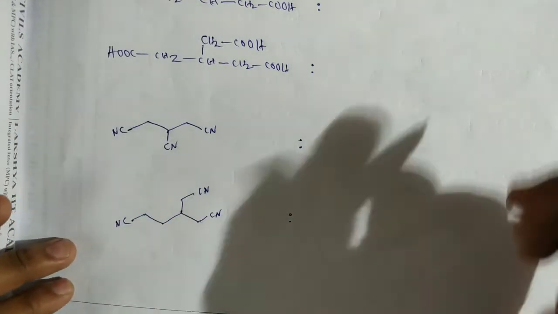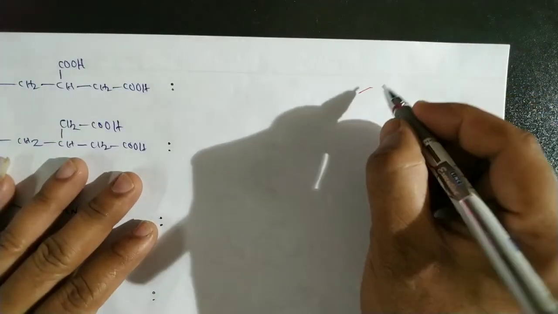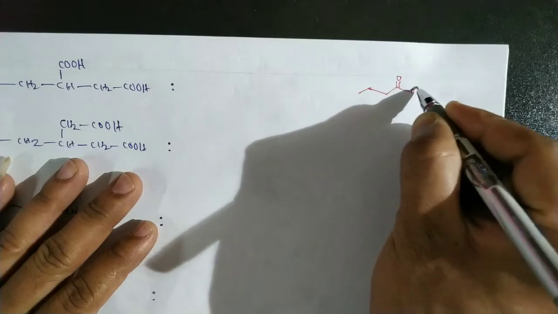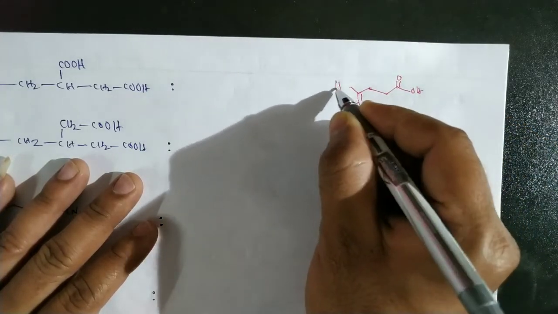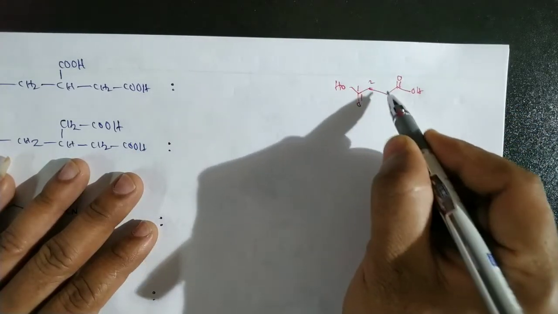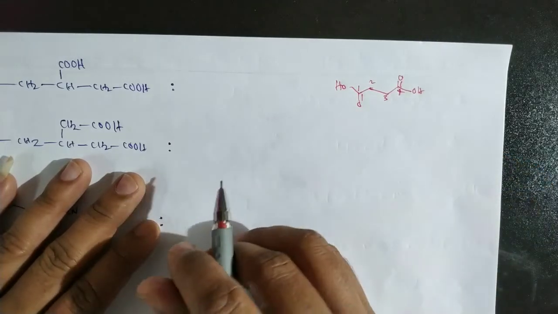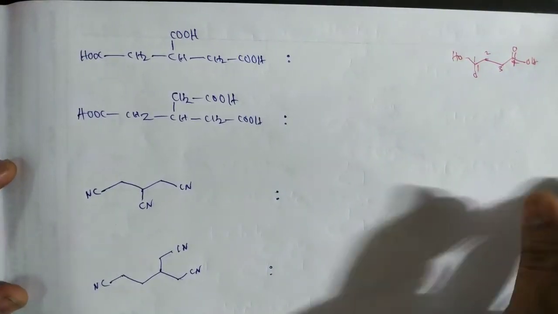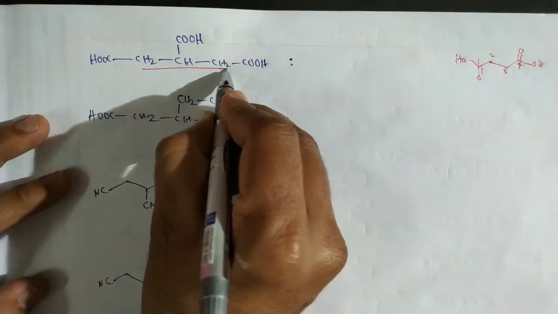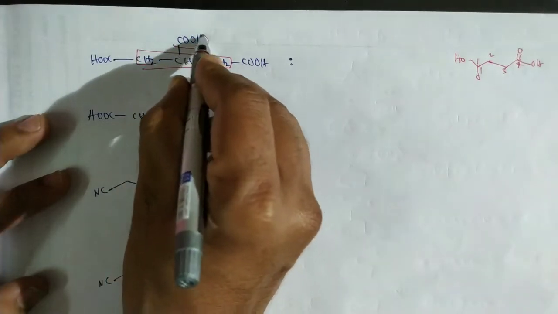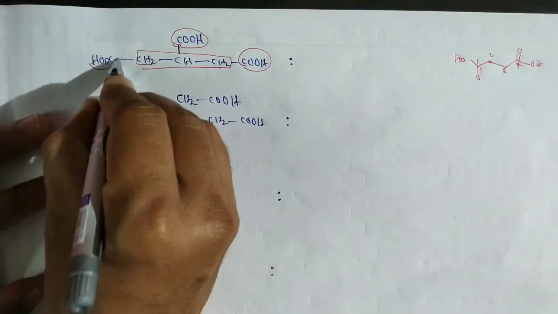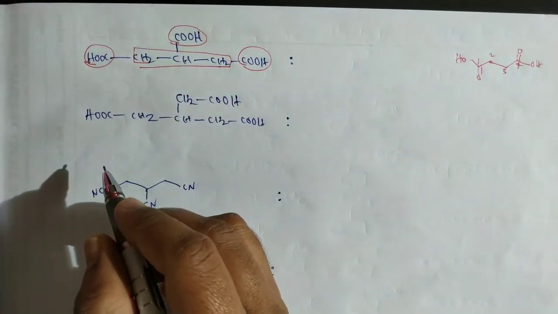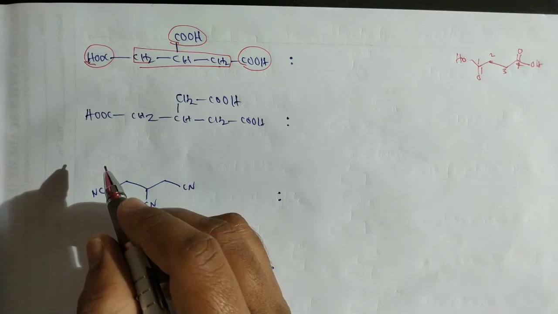Before that, generally if two terminal functional groups are attached, with double bond O and OH on each end, these two carbons can be included in the parent chain, so that is butanedioic acid. But whenever three terminal functional groups are attached directly to the parent chain, all the functional group carbons cannot be included in the parent chain. So in this case all functional groups are excluded from the parent chain.